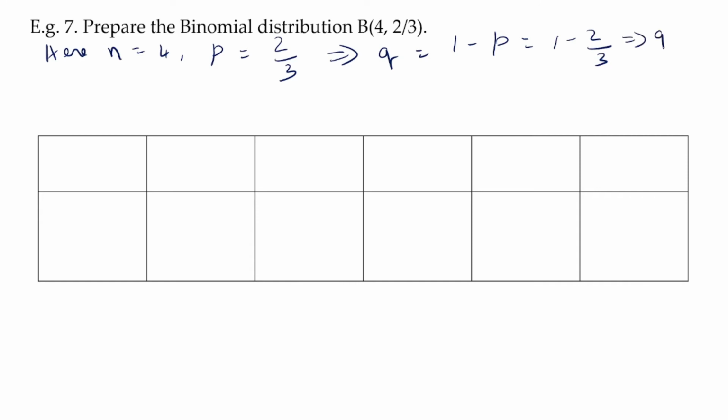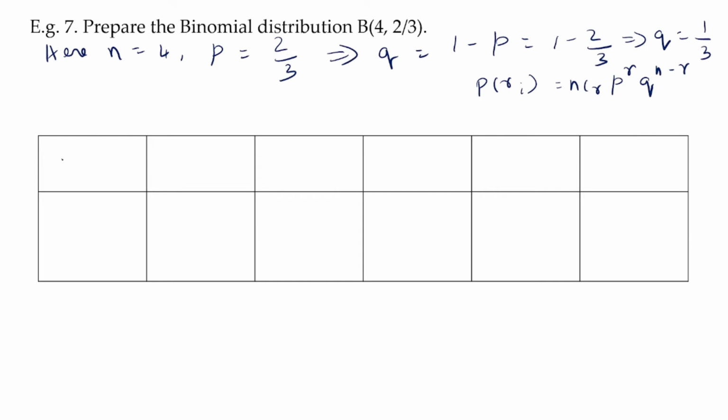So q is equal to 1/3. Now we know n, p and q, and we also know the probability of r successes. It is given by nCr, p power r, q power n minus r. So using this formula we can prepare the binomial distribution.